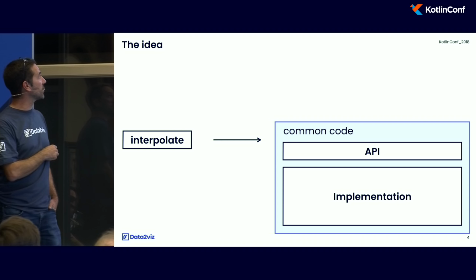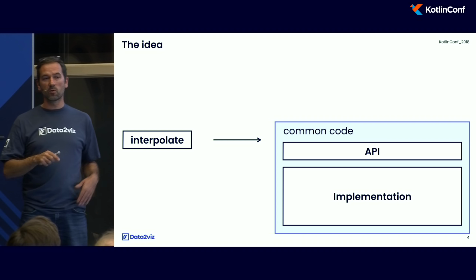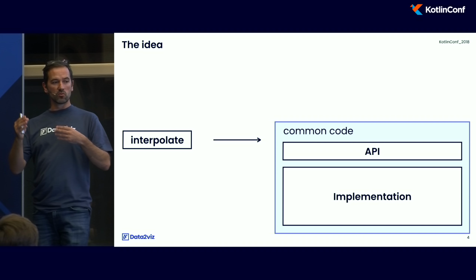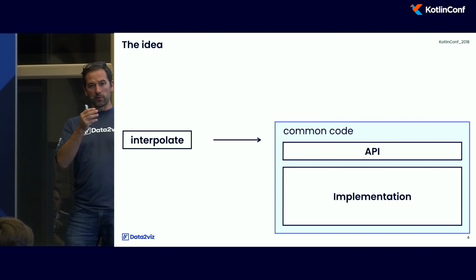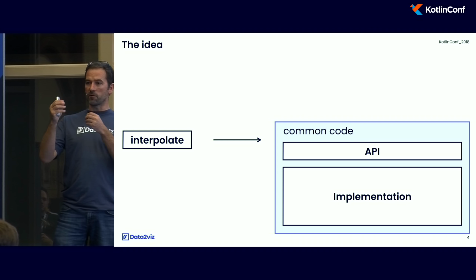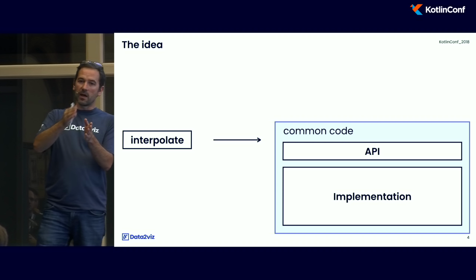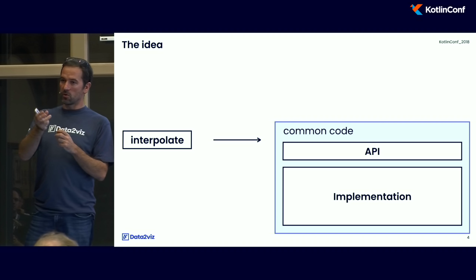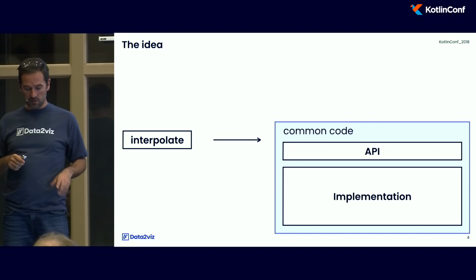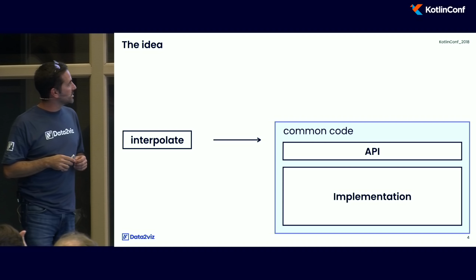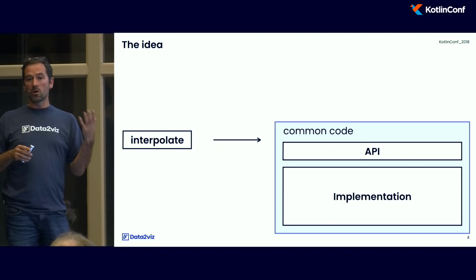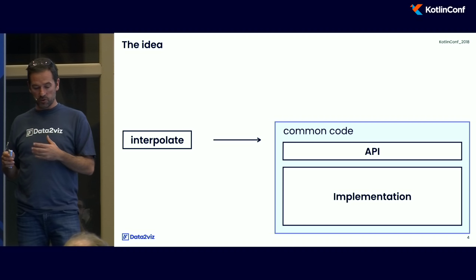So for example, here we have an interpolate module, so it manages mathematical functions to calculate intermediary states, and during an animation you want to know at what moment your object is going to be at a certain place. And this code, because it's just mathematical functions, could be completely done using common code.